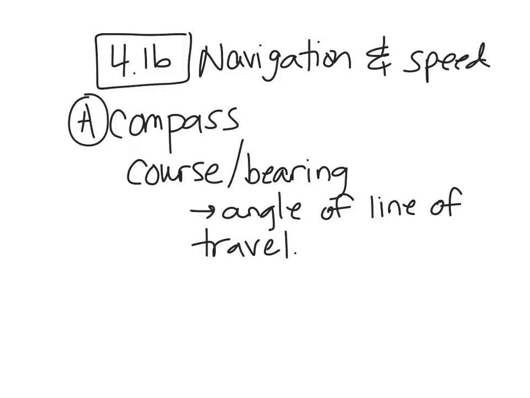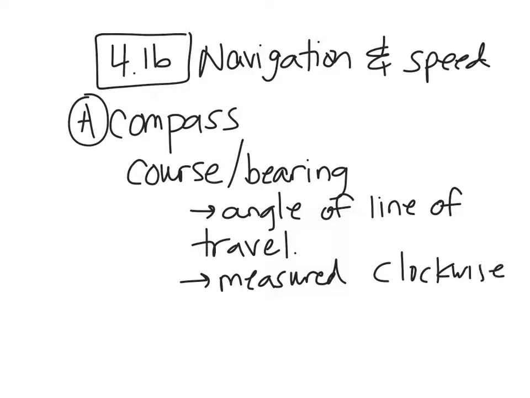Now, how do we decide what angle this is? Well, the angles are always going to be measured clockwise, which is different than what we're going to do in a lot of trig stuff, but it's measured clockwise from due north. From due north. Okay, I'll show you an example of this.